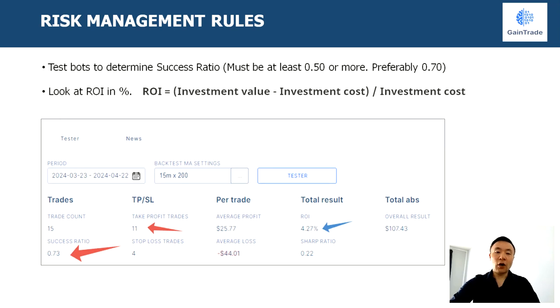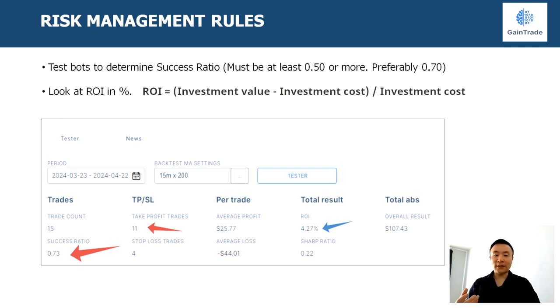Also, you constantly have to test your bots to see how the bots are working, and one of the ways is to look at the success ratio. Now, this success ratio will show you how successful the pair that you have chosen is, as well as the results are based on the backtests that are carried out by the algorithms of our program.